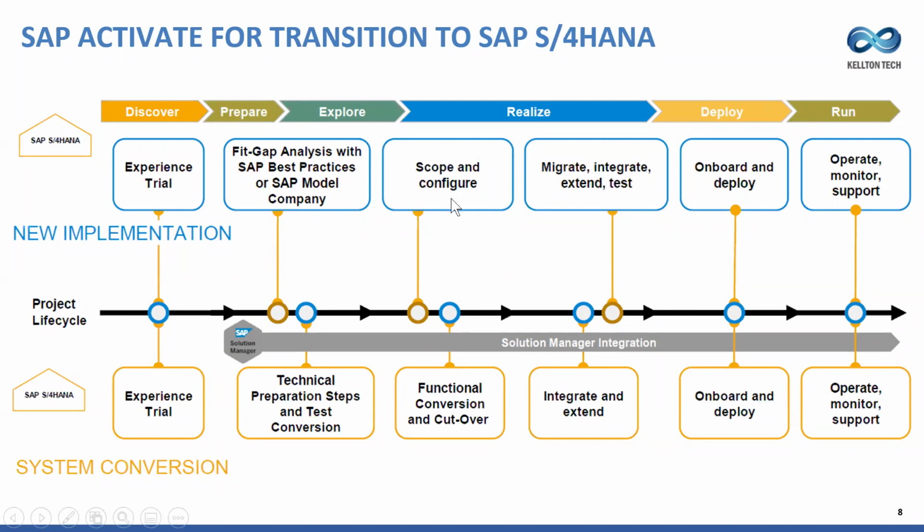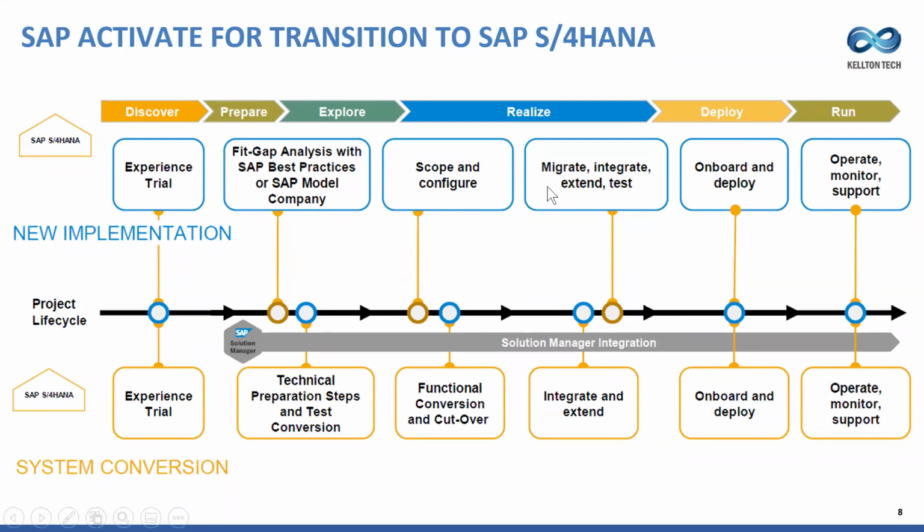Then the scope and configure, migrate. Scope and configure is to look at the scope, whether the best practices are fitting or not. If there is a unique business process that needs to be addressed, we have to do a bit of customization and make changes to certain configurations so that we can address the unique business requirements.